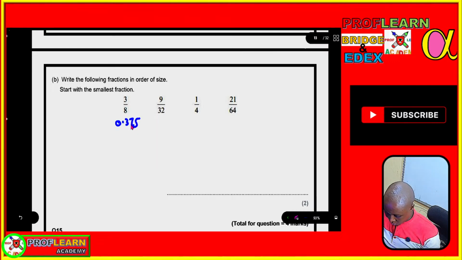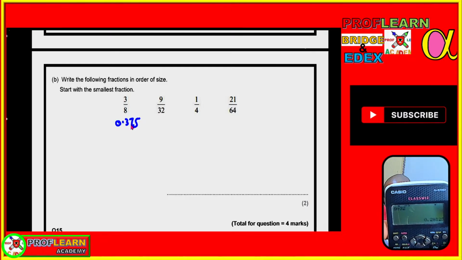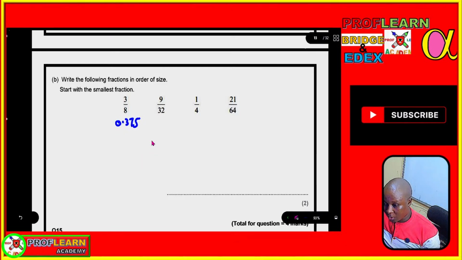If you take 9 divided by 32 using a calculator, it is going to give us 0.28. If you take this divide, you shall get 0.25. If you take 21 divided by 64, your answer is going to be 0.32.